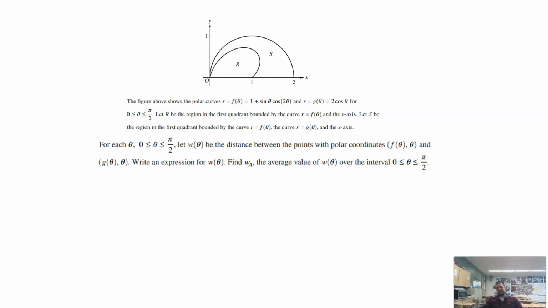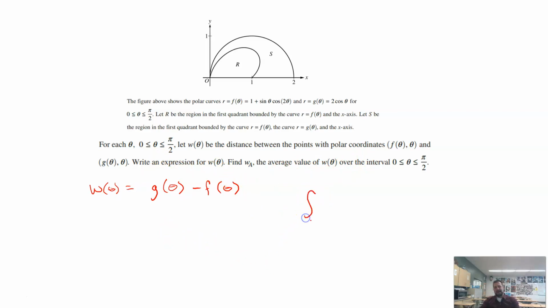Letter C says, let w of theta be the distance between the two polar curves. And remember, any distance, regardless of how you're doing it, a distance between two different functions is always one function minus the other function. That's what tells us the distance between two things if we plug in the same theta. So there's my expression of w of theta right there. Then it wants the average value of that on the interval from 0 to pi halves.